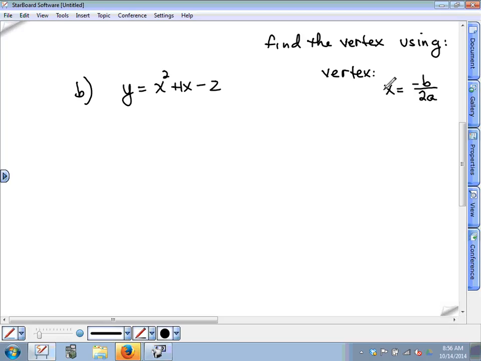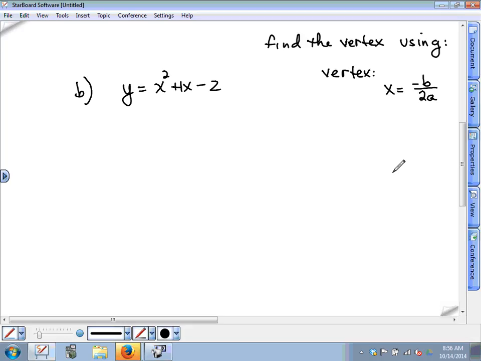This is when I would use the formula rather than completing the square. The one limitation is this vertex formula only gives you the x value. You got to plug that back in to find the y value. Go ahead. Well, what is plus or minus b over 2a, with b squared minus 4ac? That's the first part of the quadratic formula, so that's where the vertex formula comes from, part of the quadratic formula. So what's the other part? Ooh, the b squared minus 4ac. If we had time, I could show you where the quadratic formula actually comes from.